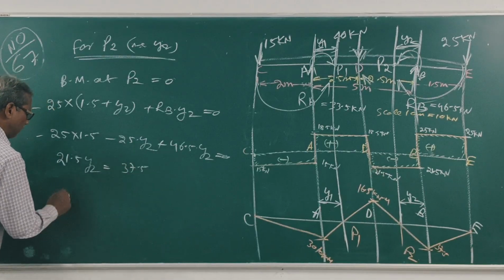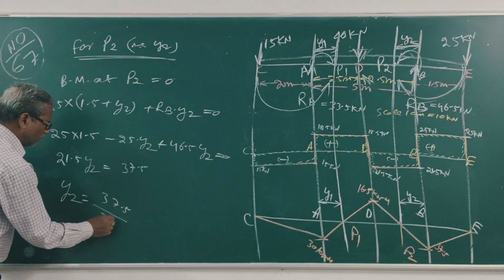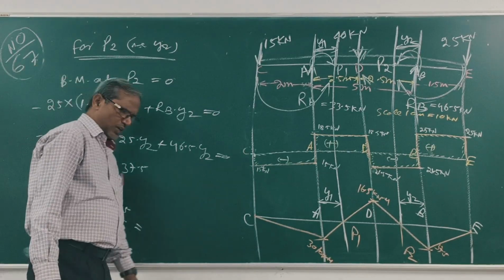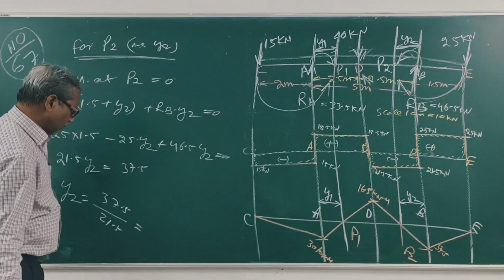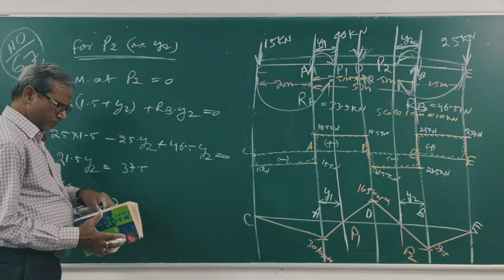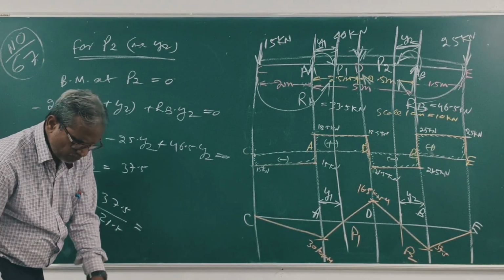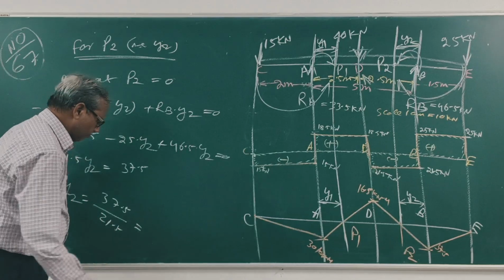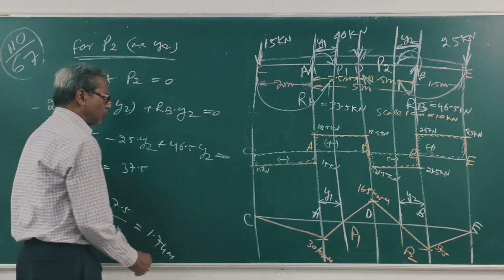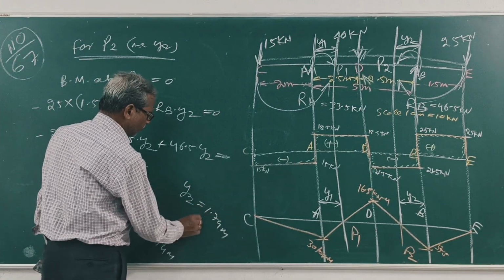So y2 is equal to 37.5 by 21.5. This may be less than 2. This may be 1.74 meter. So y2 is equal to 1.74 meter from B.